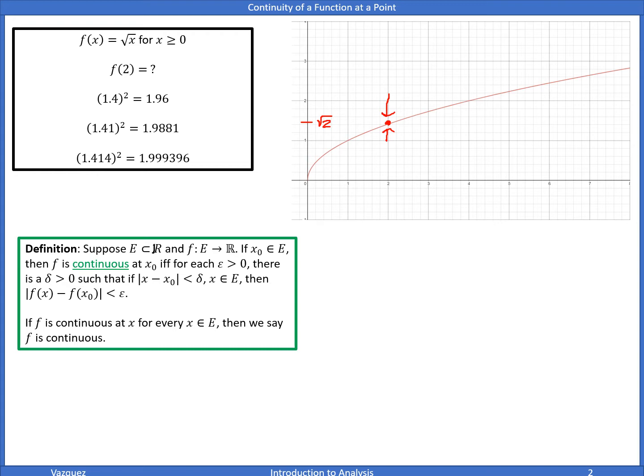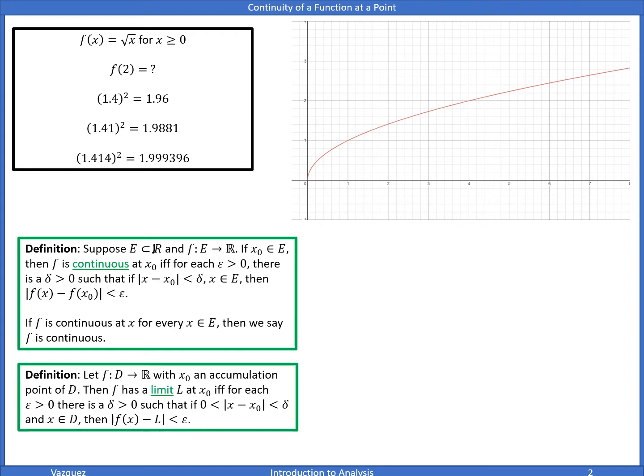And before I start drawing pictures to illustrate what's happening, I'm going to bring up the definition of a limit. So the definition of a limit here, if you remember: let f map D to R with x naught an accumulation point of D, then f has a limit L at x naught if and only if, blah, blah, blah, the rest.